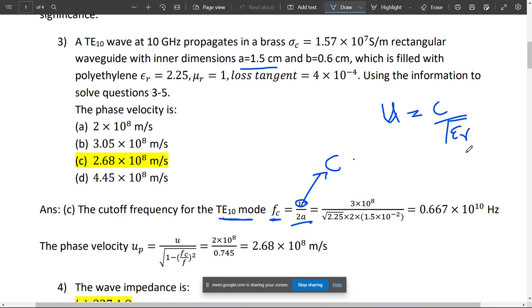Okay, right? I will directly make it like this.